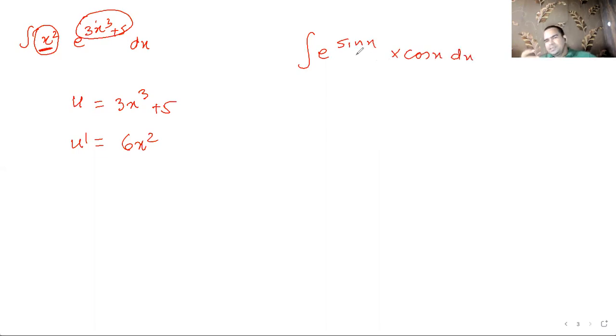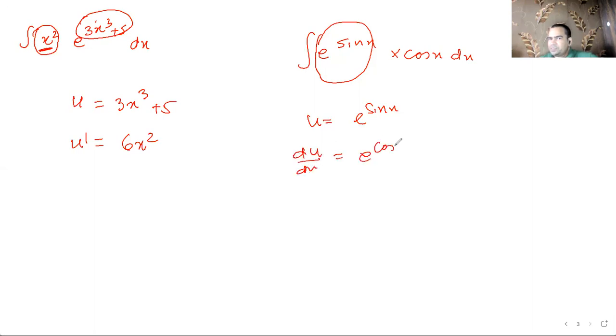Now here, if I make the substitution, the first thing that goes wrong is that people make the entire substitution. So e to the power sine x, if I take it as u, the derivative of this is different. du by dx is e to the power sine x times cos x, which I don't have as a multiplier.